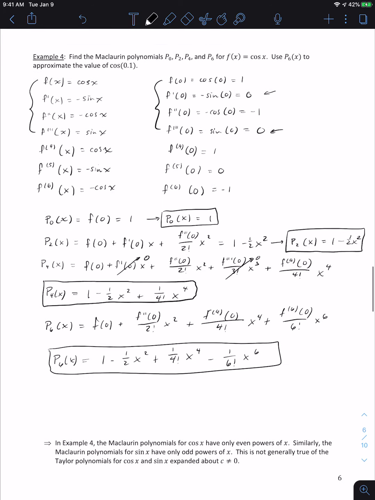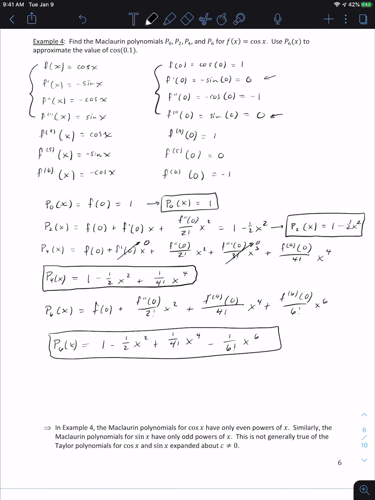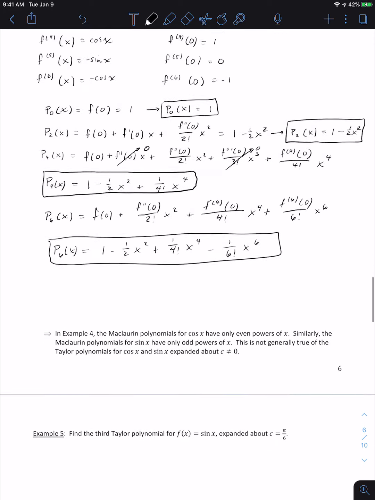Well, at the value 0, cosine is 1, sine is 0, and so that's why we have that behavior, right? Because when I end up taking the derivatives, whether it's sine or cosine, I know that every other derivative is going to be 0. But if I have sine or cosine centered at some other value, I'm not going to have that, because other values don't have 0 for sine and 1 for cosine, right?